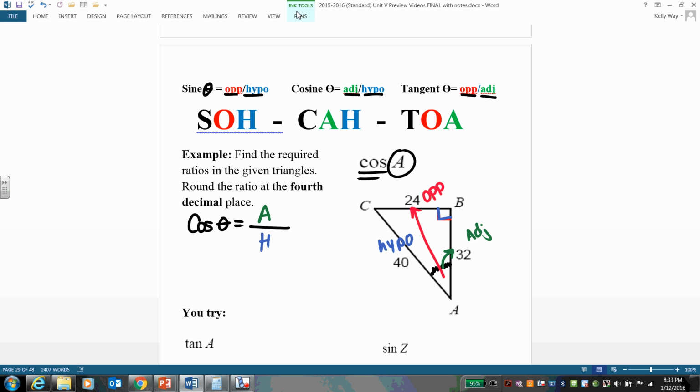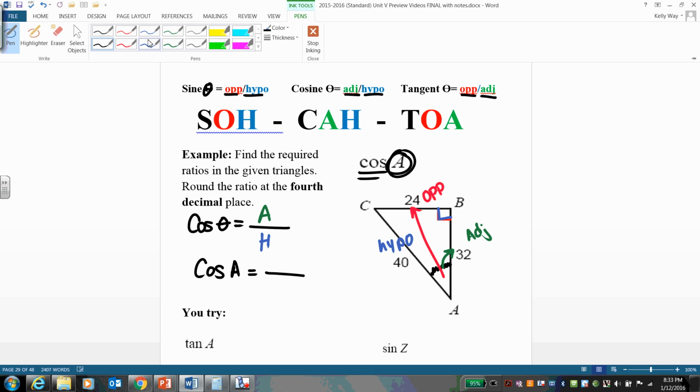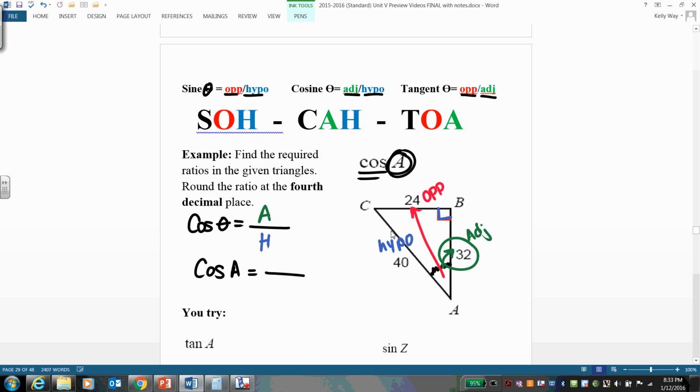Ready? So we want the cosine of angle A. So write cosine of angle A equals the adjacent, 32, over the hypo, which is 40.